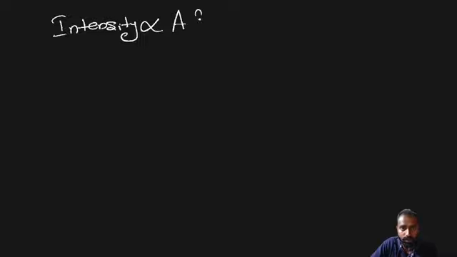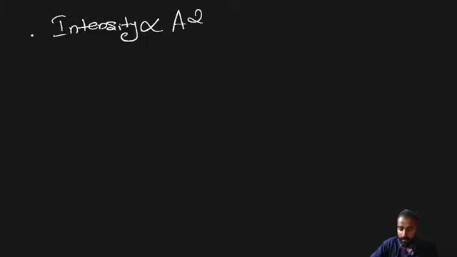Then I want to introduce one more quantity, intensity. We are discussing waves, so waves have amplitude. How is amplitude related to intensity? Intensity is directly proportional to amplitude square.